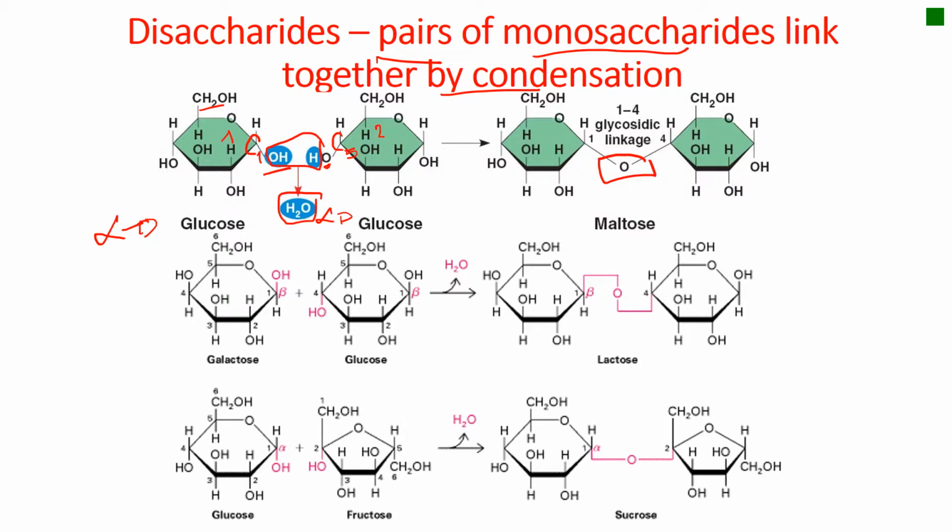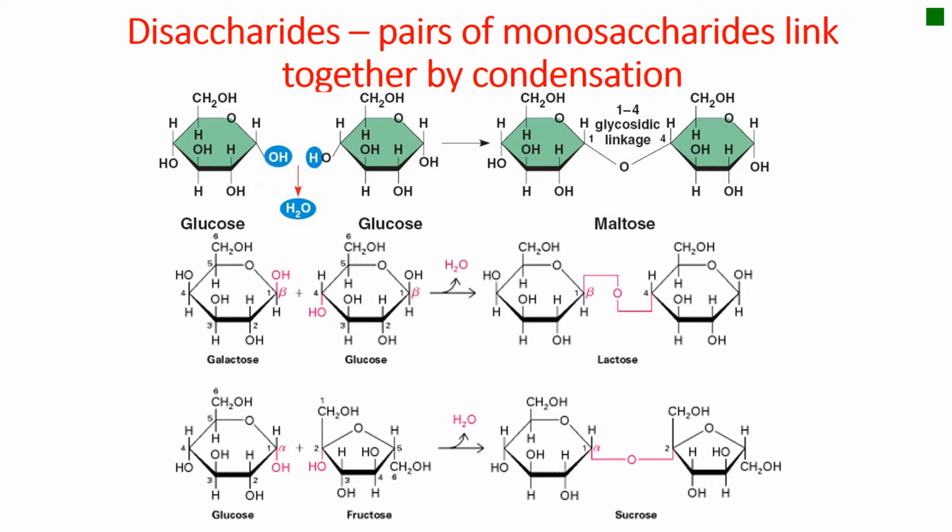Now, other than glucose and glucose becoming a disaccharide, there are some other disaccharides. This is galactose. Don't worry, you don't have to know the details of its chemical structure, but this is just another example of a monosaccharide. So this is beta galactose and beta glucose.